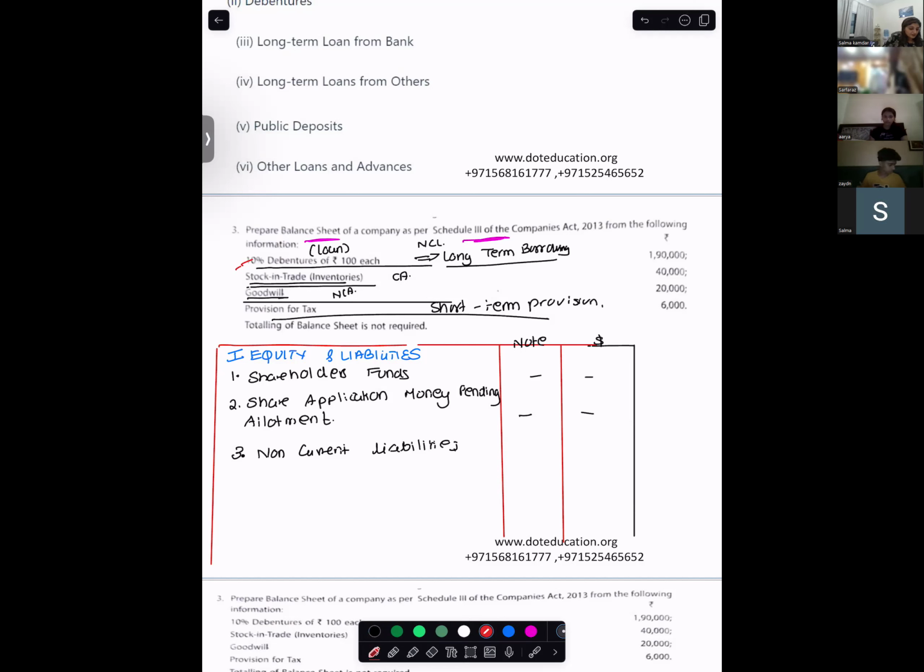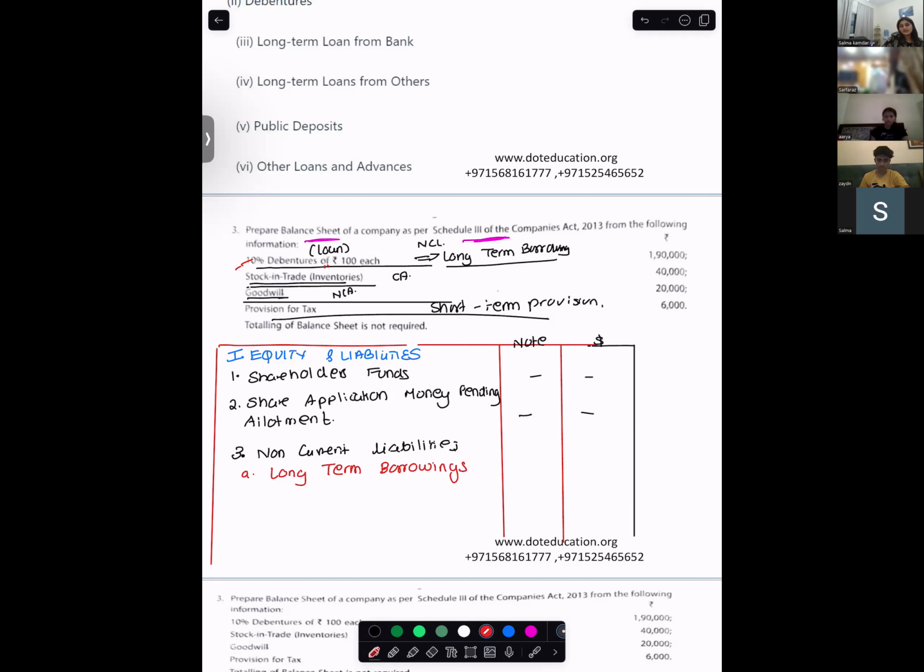Okay, so you have non-current liabilities, 10% debentures. It comes under what subhead? Long-term borrowings. So this comes under the subhead of long-term borrowings.